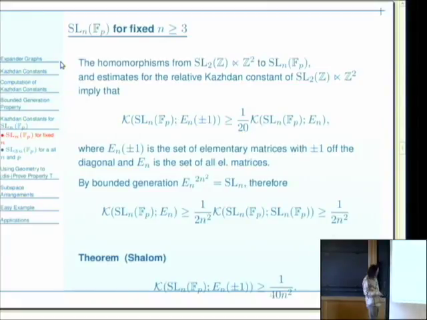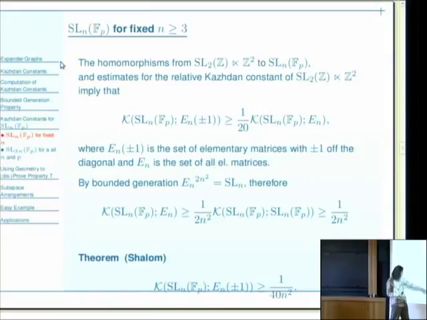So this result of Yehuda says that the Kazhdan constant of SLN(Fp) with respect to the elementary matrices with plus or minus 1 off the diagonal, so this is a finite set with something like n squared elements, is bounded by 1 over 40n squared, completely independent of p.